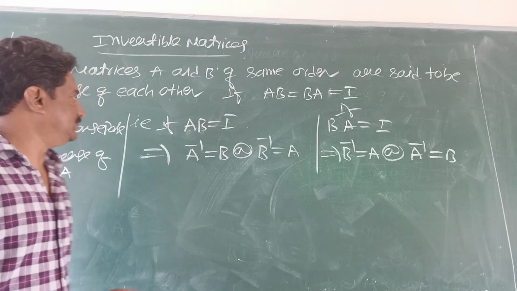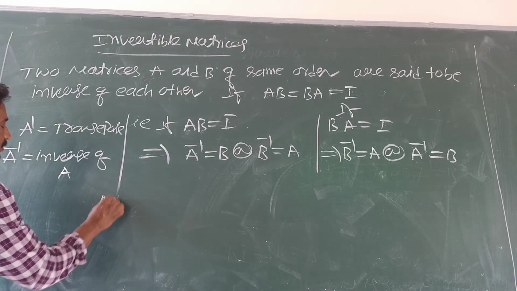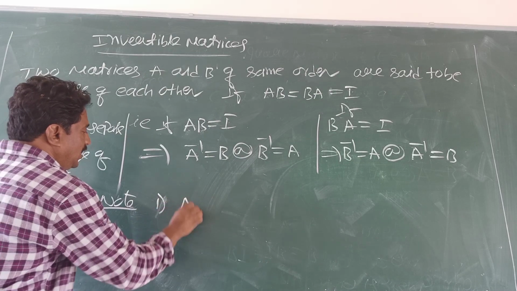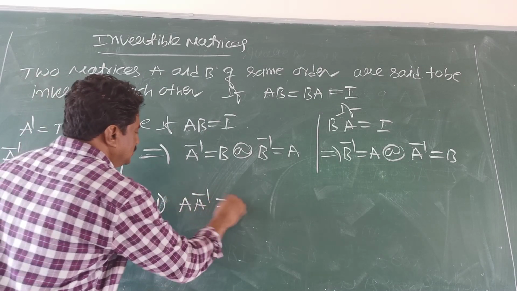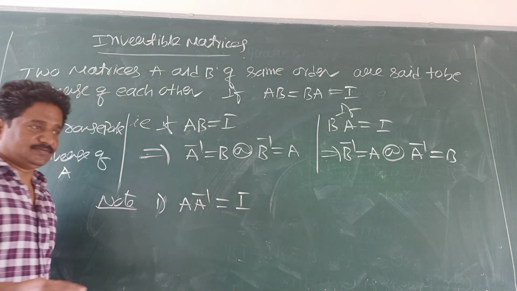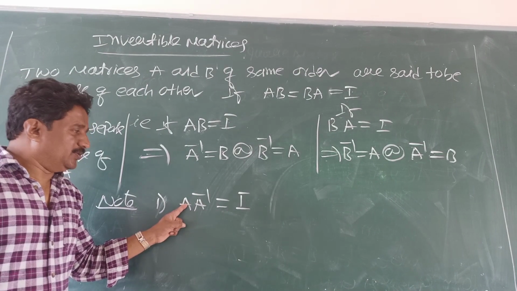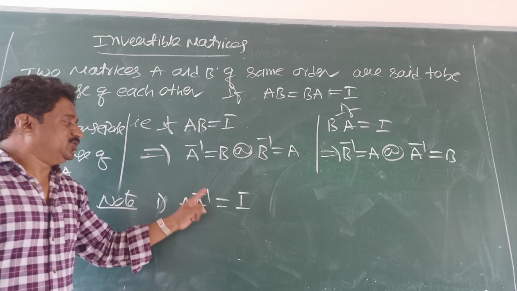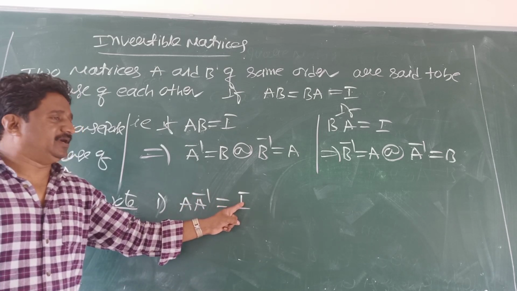Okay. Note: A into A inverse is always equal to I. Any matrix into its inverse is always equal to the identity matrix.